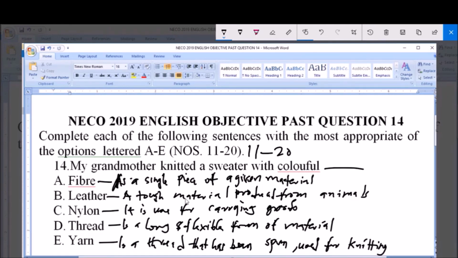So by this explanation, we find out that the only option that has this element of knit is option E. So my grandmother knitted a sweater with colorful yarn. So option E is correct.